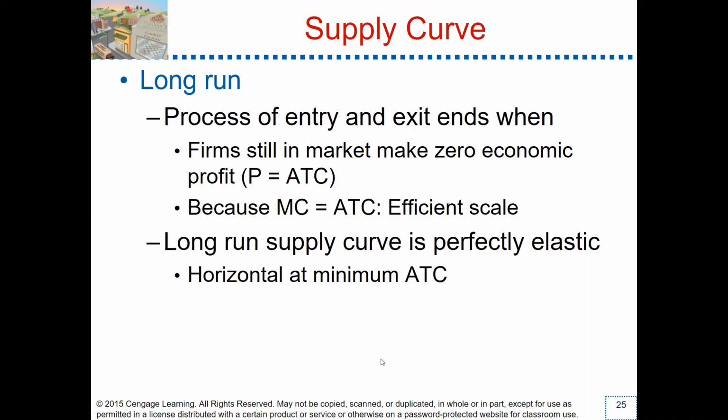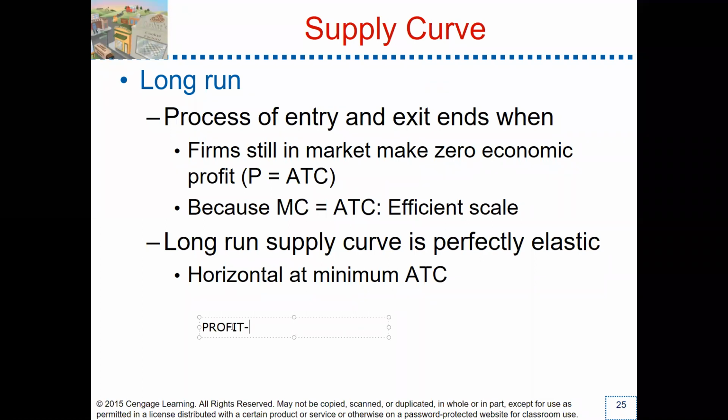How is profit calculated? Total revenue minus total cost, if you remember. You know this. But this total cost is not just the cost incurred by investing and by variable cost. It's not just fixed and variable cost.